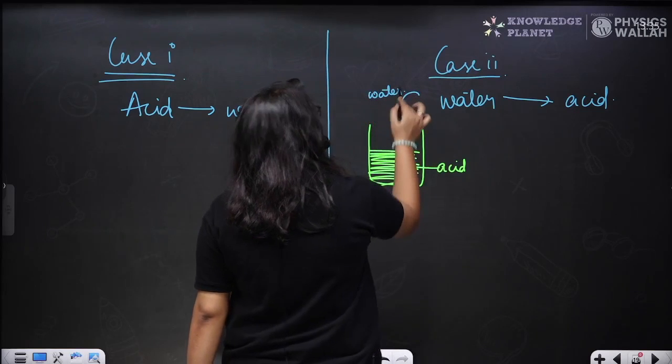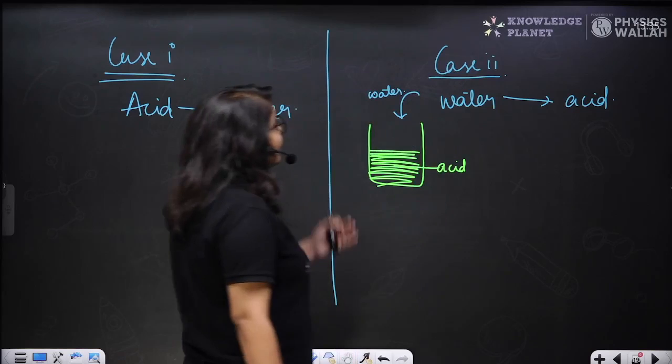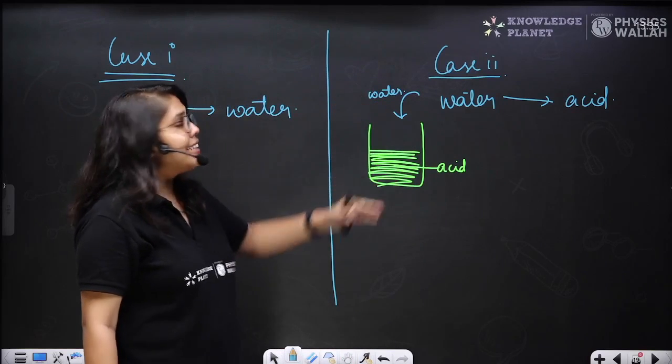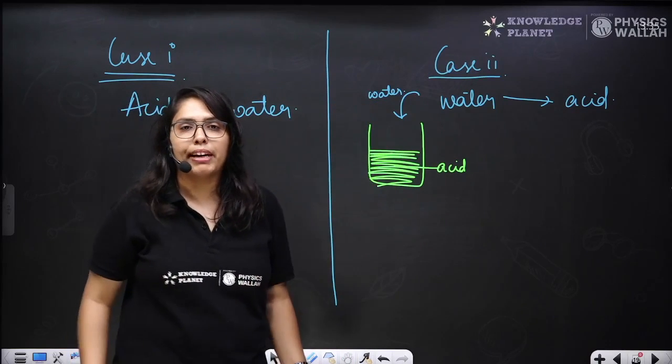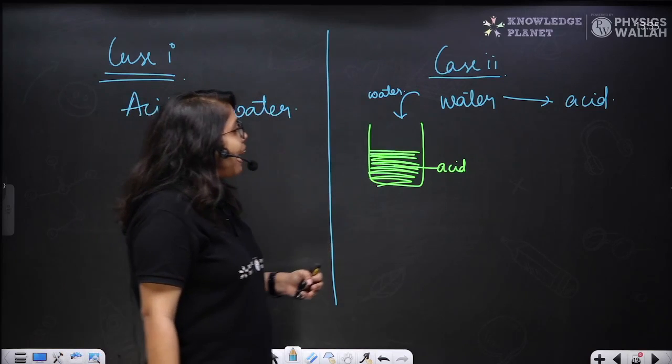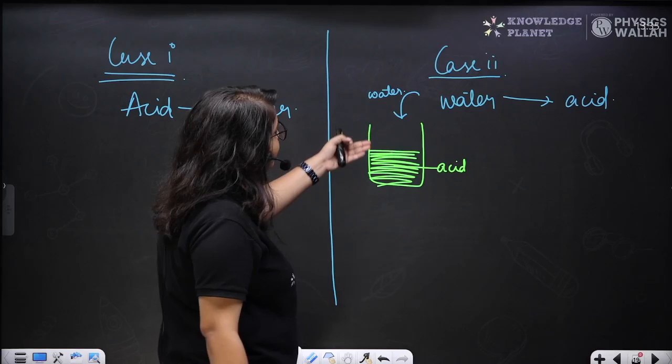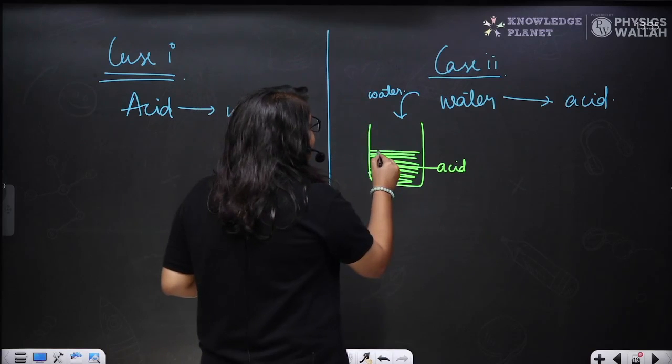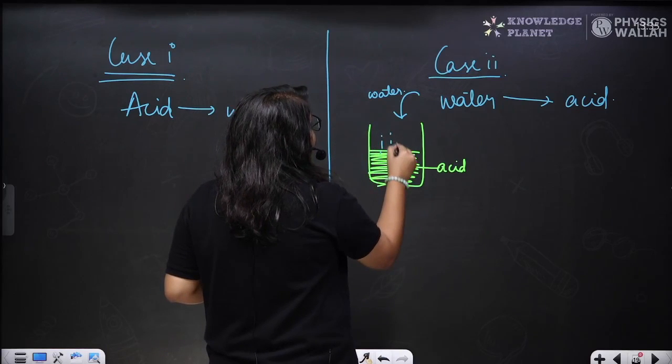Now what happens is, the reaction between water and acid is highly exothermic. When this water comes in contact with the acid, its vapors are released.